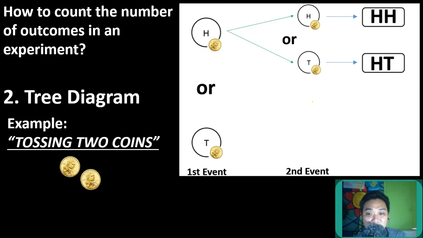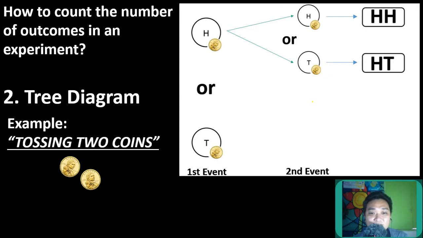Or, kung ang lumabas naman sa second event is tail, so meaning, sa first event, sa first coin natin, head yung lumabas, tapos sa pangalawa, tail na, it will be denoted by head, tail, or HT. So, using the tree diagram, mas malinaw nating naipapakita kung ano yung mga possible outcomes, theoretically. Okay po?